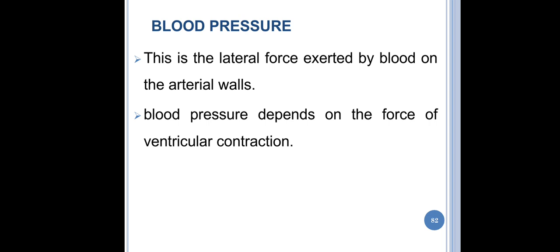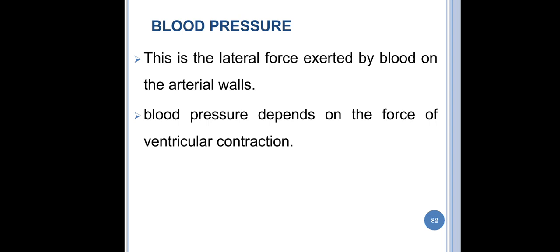So I'm talking about two things here. The amount of blood, which corresponds to the amount of water, as well as the size of the lumen of the blood vessels, which corresponds to the hose pipe, determines the blood pressure. They need to agree with each other for blood pressure to be normal.